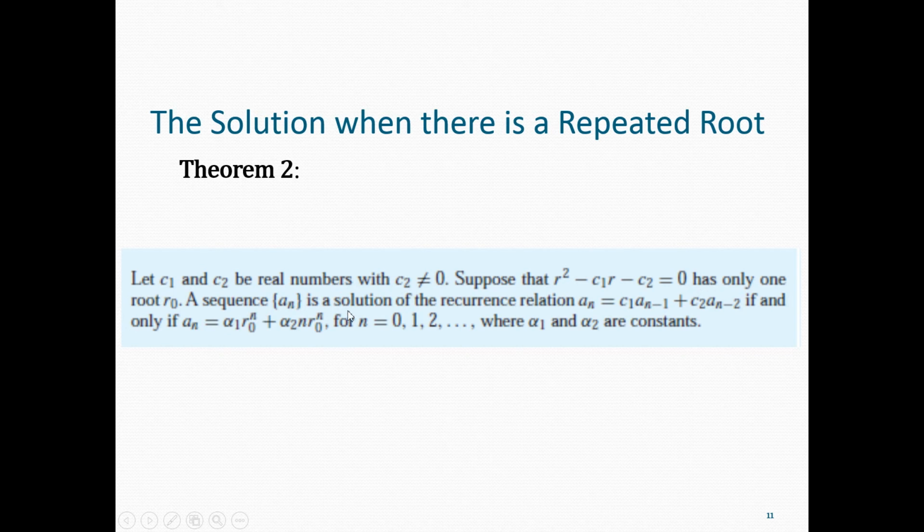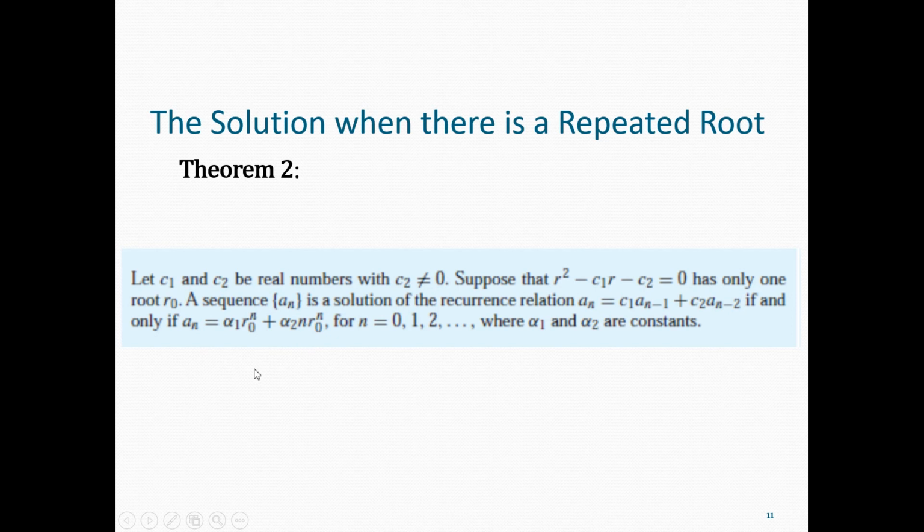A sequence an is a solution of the recurrence relation an is equal to C1 an minus 1 plus C2 an minus 2 if and only if an is equal to alpha 1 r naught to the n plus alpha 2 n r naught to the n. Okay, so n is multiplied in order to distinguish between the solutions of the recurrence relation.